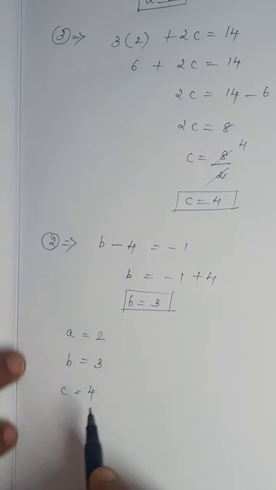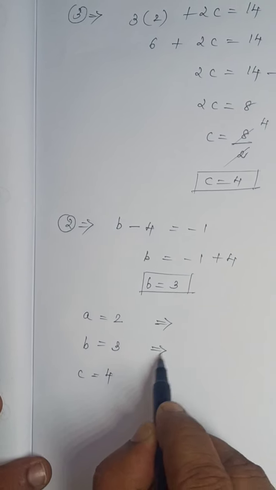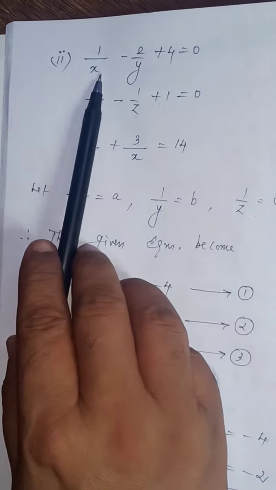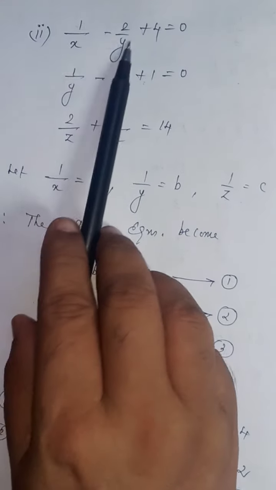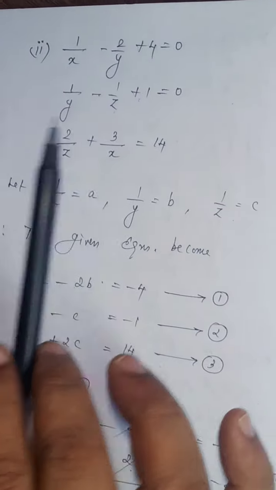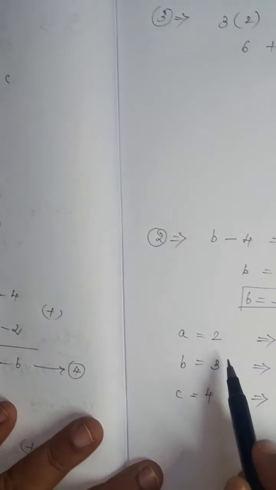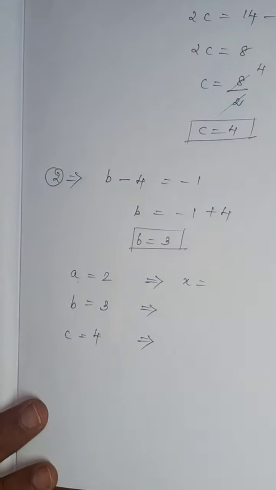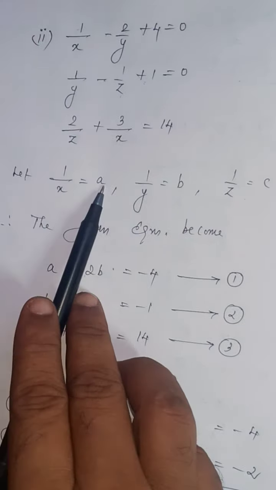c value, 4. But you are given the equations in terms of x, y, z, even though they are in the denominator. So you will be writing the values of x, y, z only at the last. So a equals 2 means x equals the reciprocal of 2. Look at that, because 1 by x equals a.